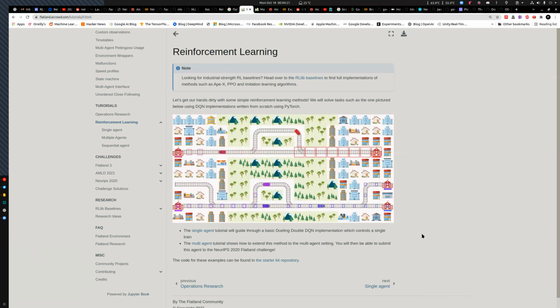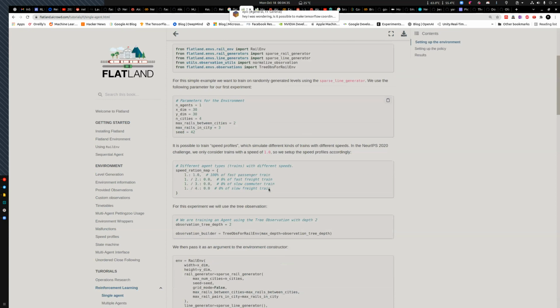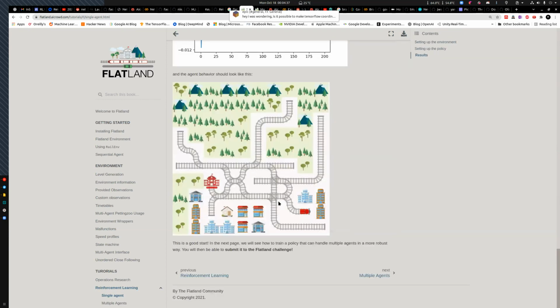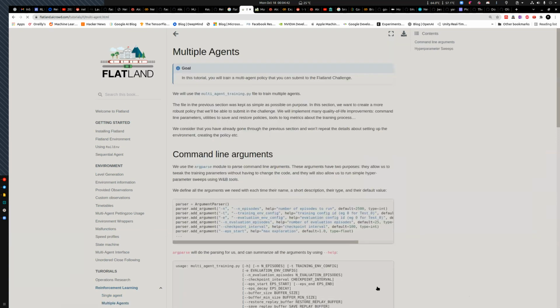And this is done using DQN. So we can use DQN next. As I've alluded to, this was by using a single agent, but we will be using multiple agents next time.